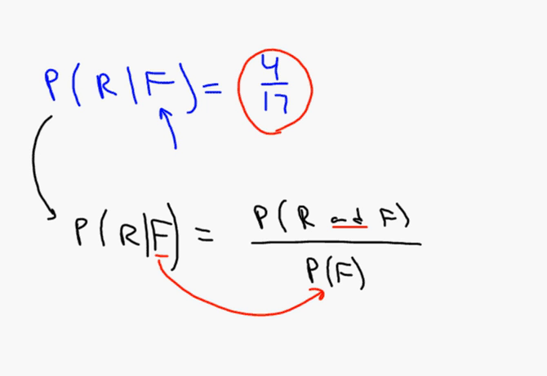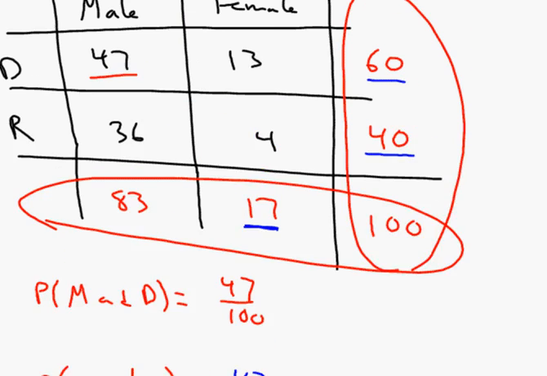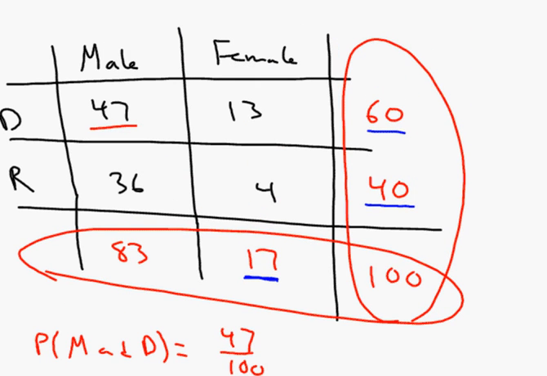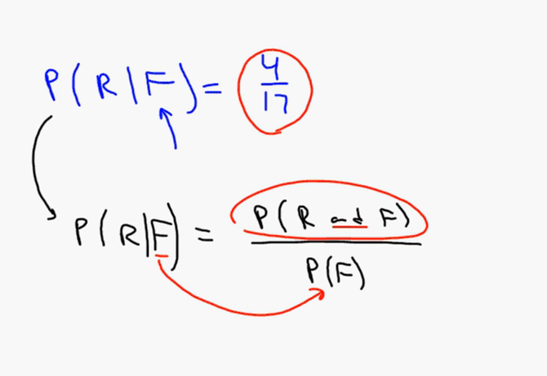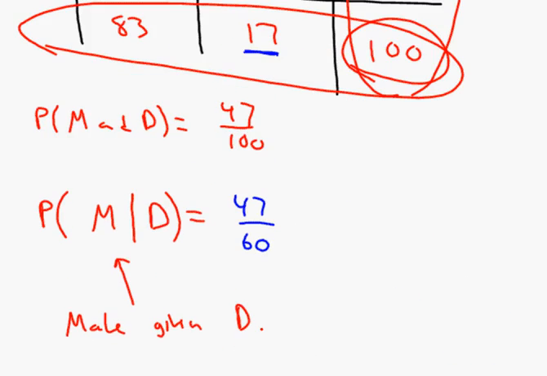All right, so let's go back to our chart. Probability of being a Republican and a female. Now, you notice in the numerator here, we're not saying given anything. So we just want the probability of being a Republican and a female. We go back up on the chart here. Probability of being a Republican and female is these four people here over the 100 people in the table. So that numerator becomes 4 out of 100 over the probability of being a female in this table of information here.